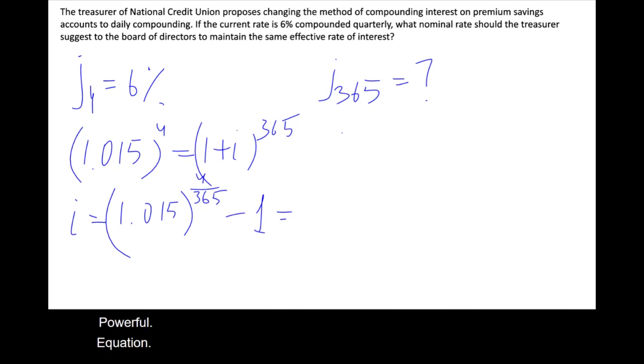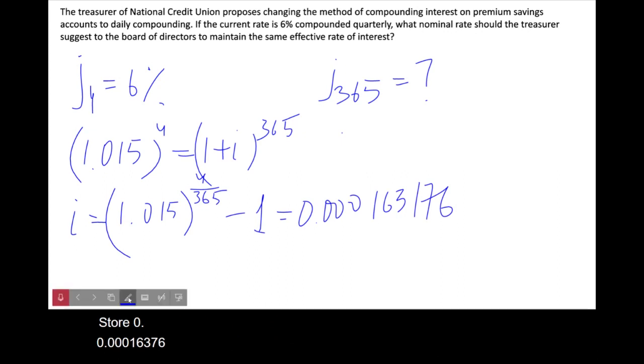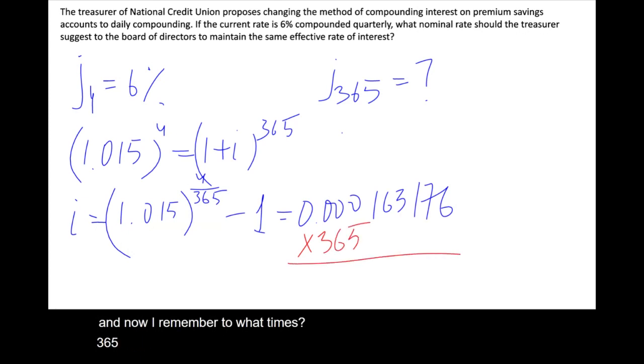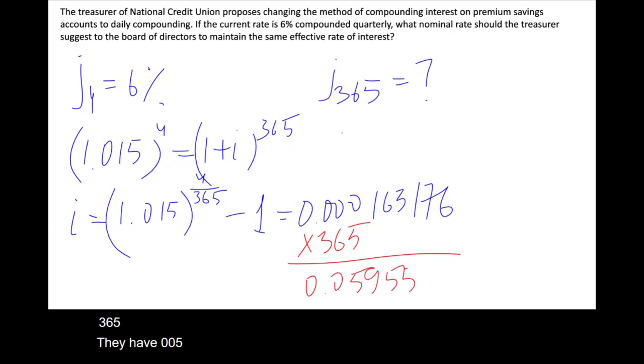So 4 over 365, store. 0.000163176, and now I remember to multiply times 365. I have 0.059559309.